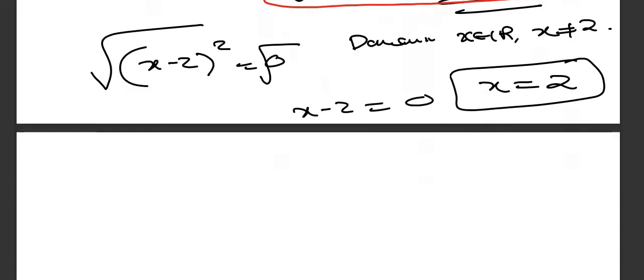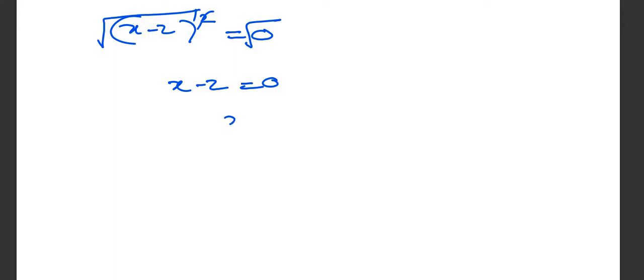Before even expanding it, we can solve it right here. We just square root both sides to cancel the 2 so that it becomes x minus 2. That's how we get x to be 2. The number that can make the whole thing 0 is when x is equal to 2.